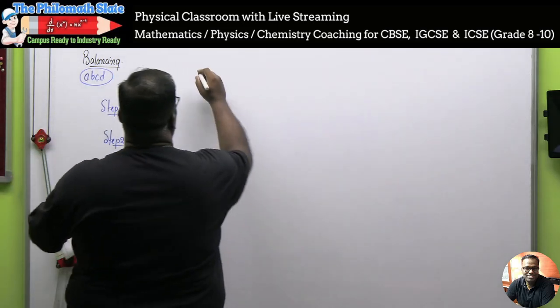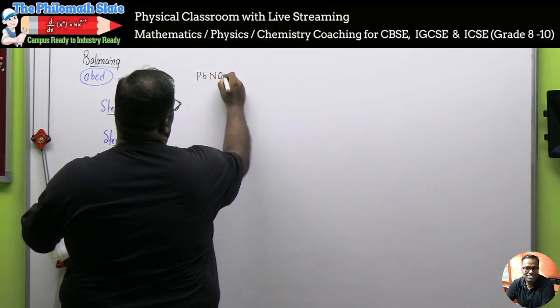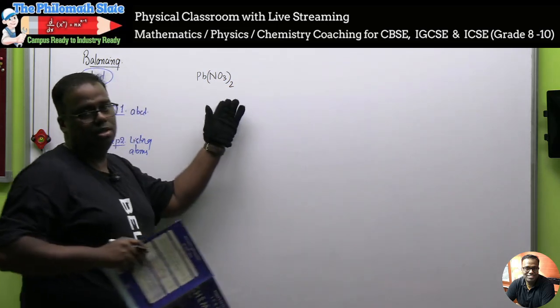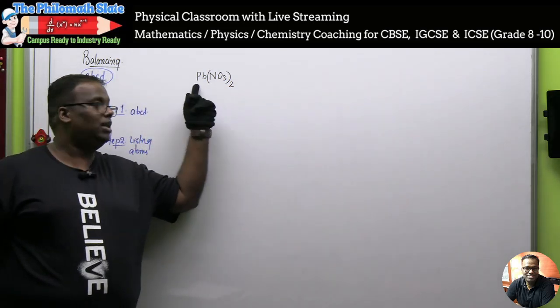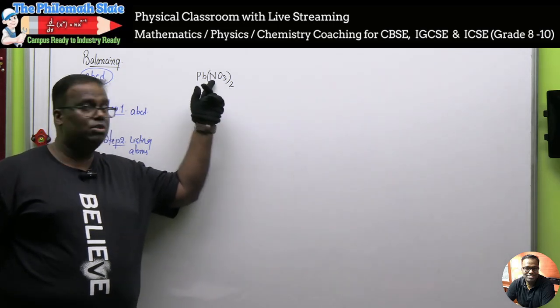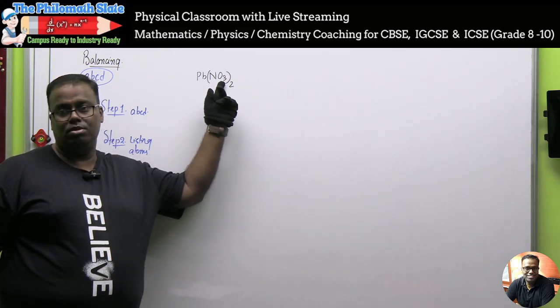Okay, let's take this. Lead nitrate, Pb(NO3)2. Do you know how to read this? It means one molecule of lead nitrate has 1 atom of lead, which is Pb, plumbum, 2 atoms of nitrogen and 6 atoms of oxygen.